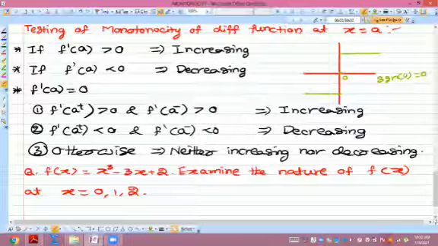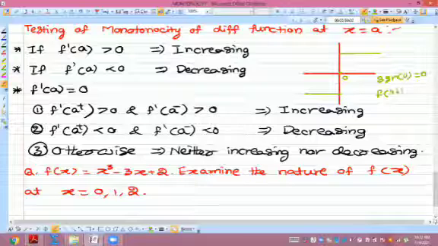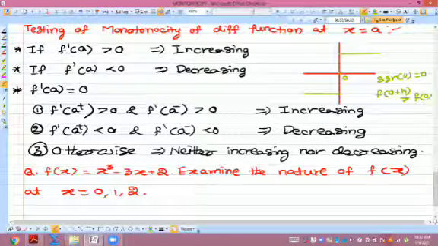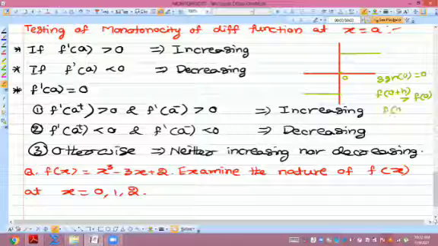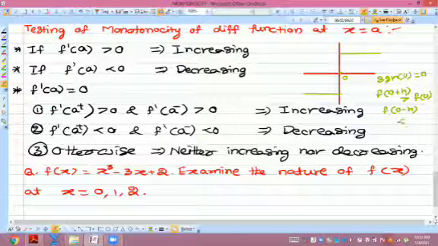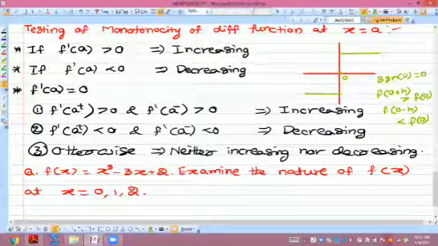And what is f of a plus h? f of 0 plus h is greater than f of 0, and f of 0 minus h is less than f of 0. So f of 0 plus h is more.